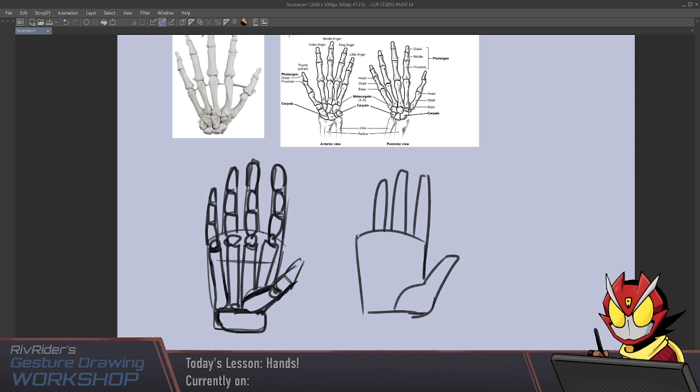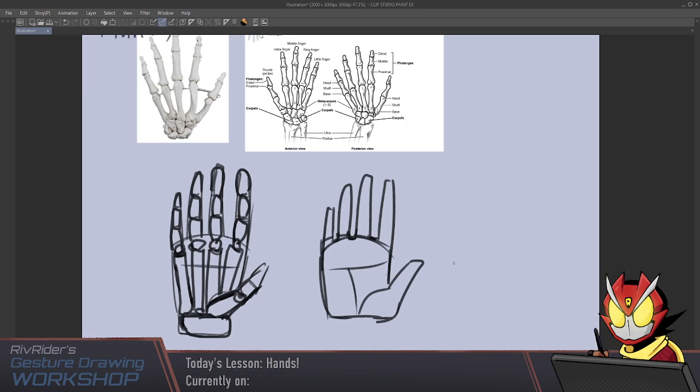From the front, you don't really see a lot of the webbing of the hand. You tend to see just straight up how it is. So fingers appear taller than they do from your palm side, rather than from the back, where they appear shorter because of the webbing of your hands.